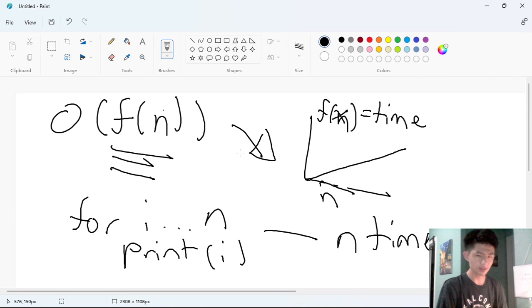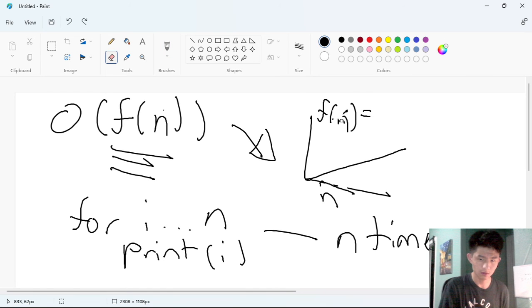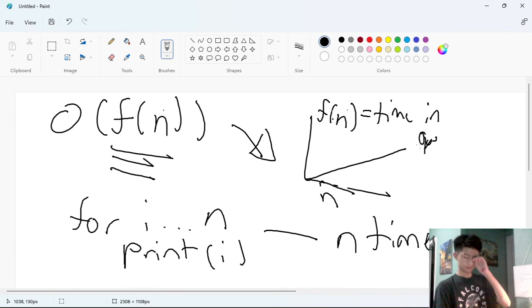So time complexity doesn't measure time in seconds. It measures time in operations. We'll just call this op.